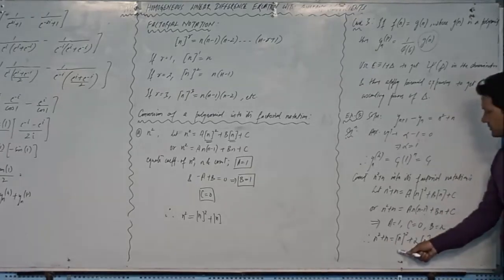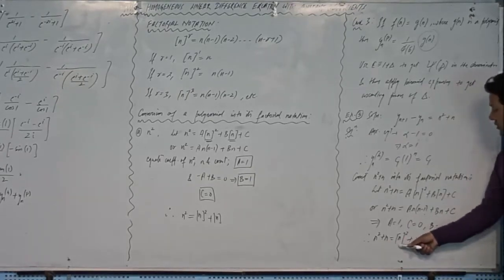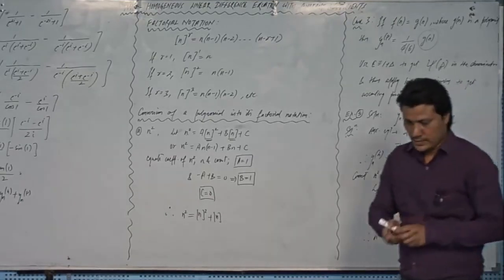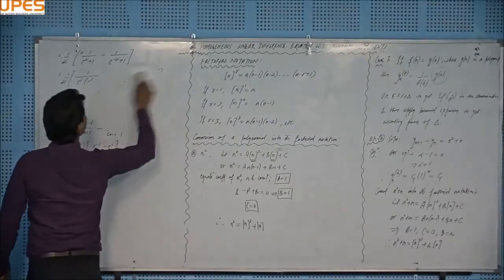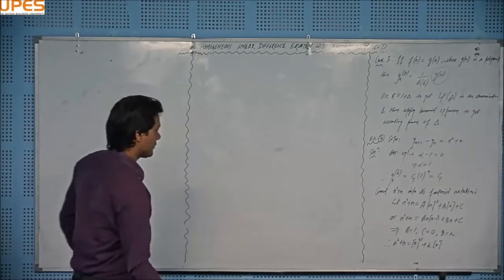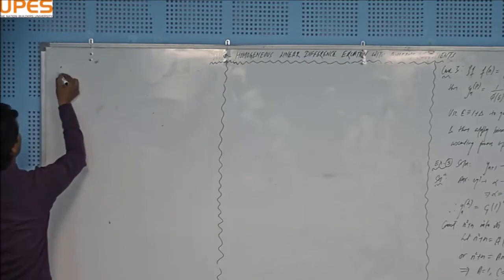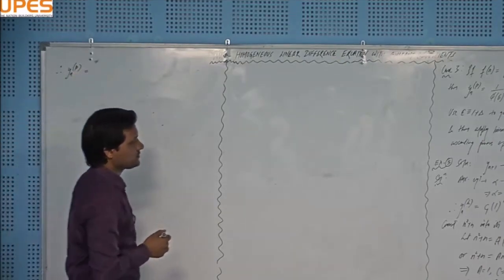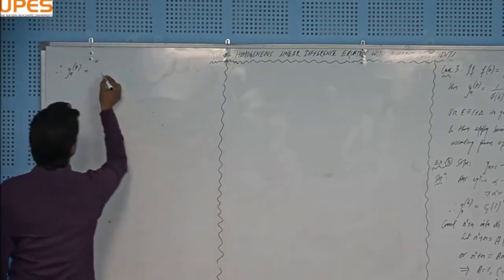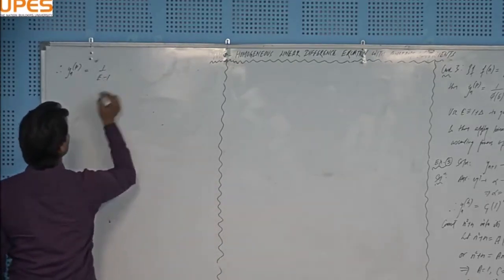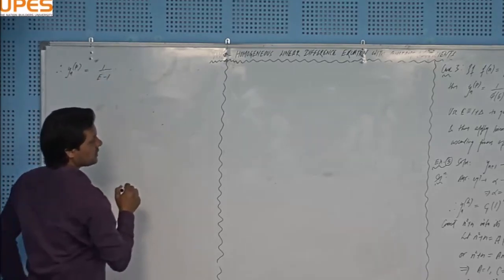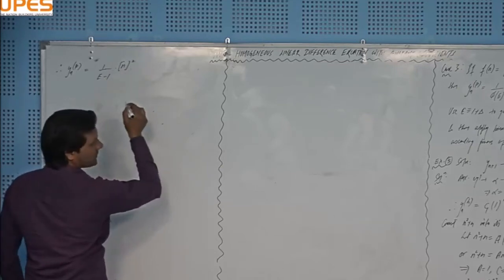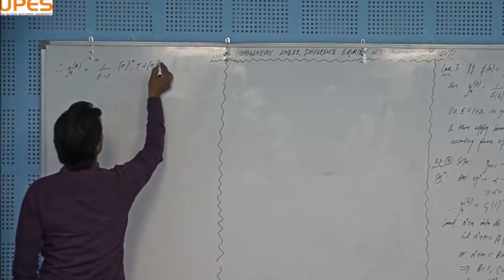So I will be using this polynomial in factorial notation as my right hand side. Therefore, the particular solution y n p equals 1 over E minus 1, applied to n square plus n, but that should be replaced by factorial n square plus twice factorial n.